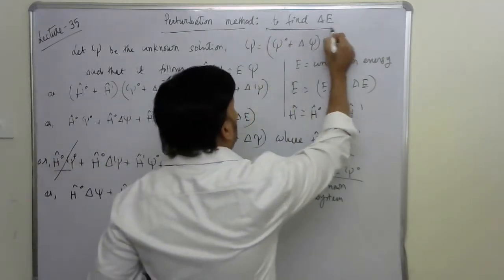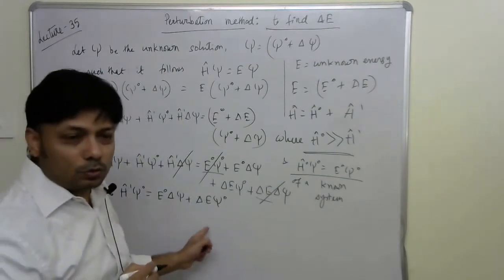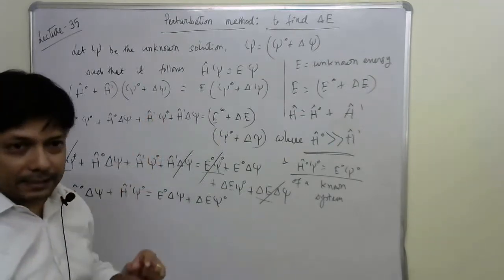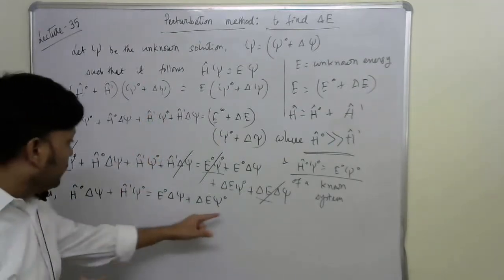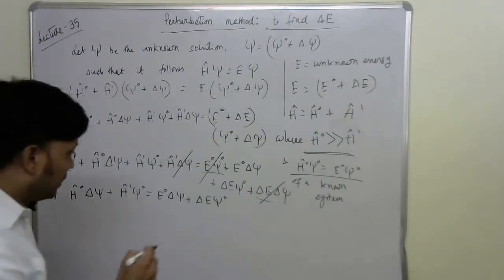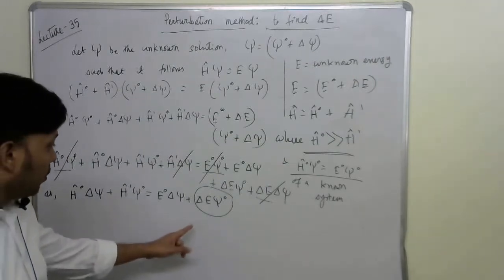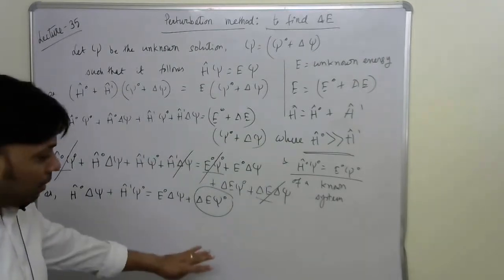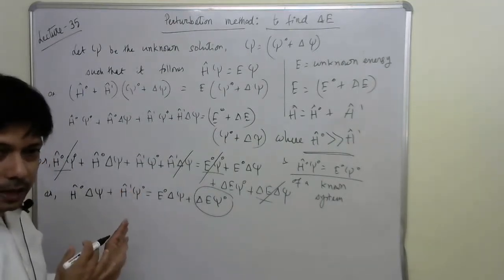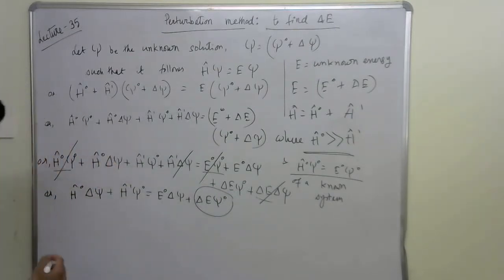Our goal was to find delta E. So out of these four terms, you pick the term that contains delta E. Here, this is the term that contains delta E. So it's better if we keep that term on one side and everything else on the other side, and let's see what happens.